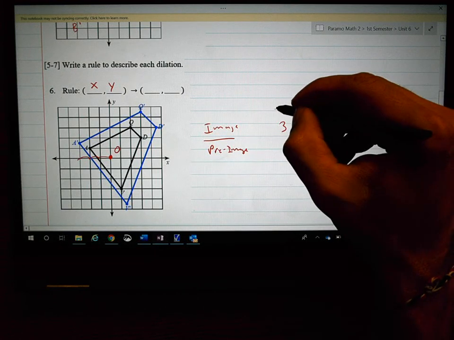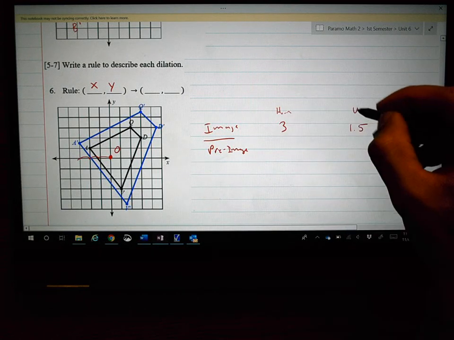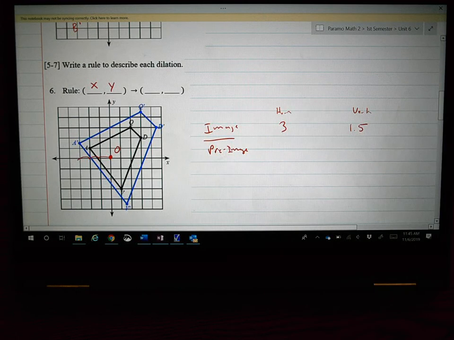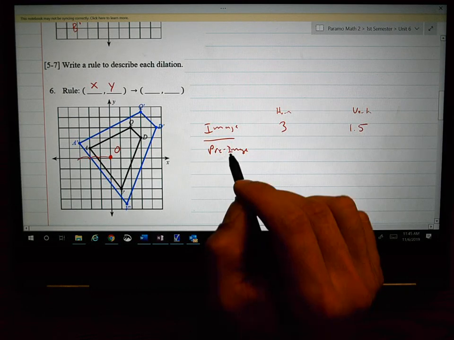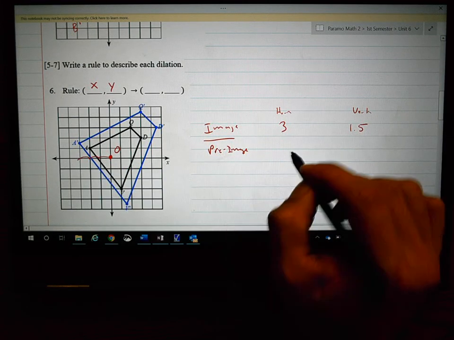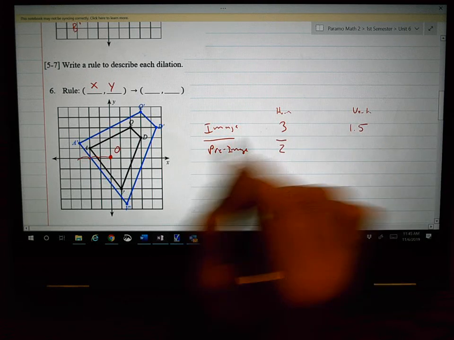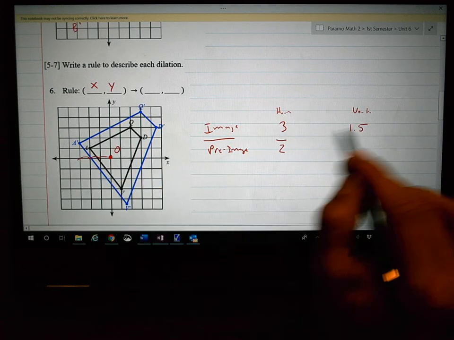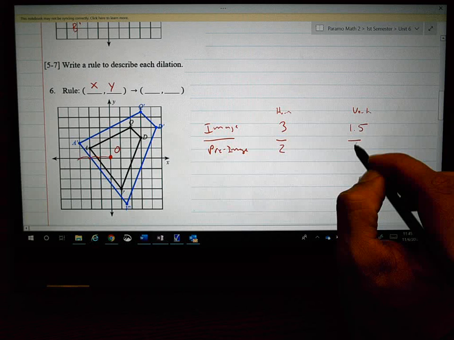This is horizontal. This is vertical. For the pre-image, how far left did I go? I went 2 units horizontally. How far did I go vertically? I went 1 unit.